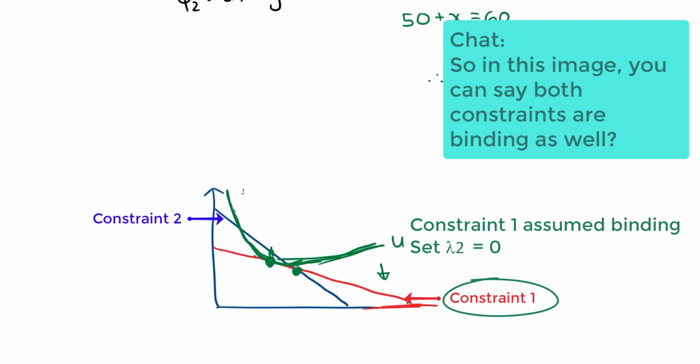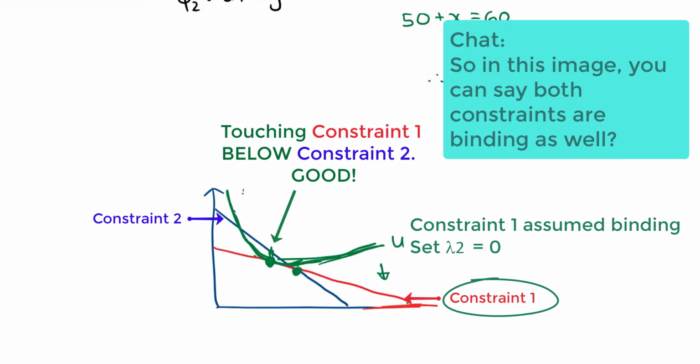So in this image here, you can see that both constraints are met. Now, when we use terms like binding, it's one of those terms that does get used incorrectly. Meeting both of these constraints is different than one of them being binding or both of them being binding. But I think we can appreciate how that language can sometimes be used incorrectly, as the x, y values qualify to meet both constraints.